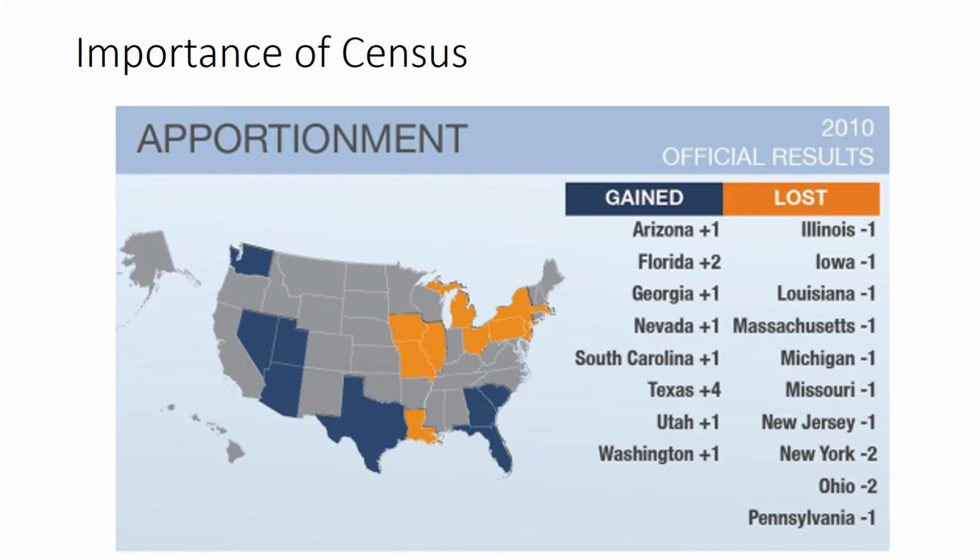A lot of times, if you notice, the blue states that are gaining are where people are moving to, and a lot of the orange states are where people are leaving from. And I would imagine that this census will probably show that Florida will gain at least one more seat, because people are always moving to Florida.